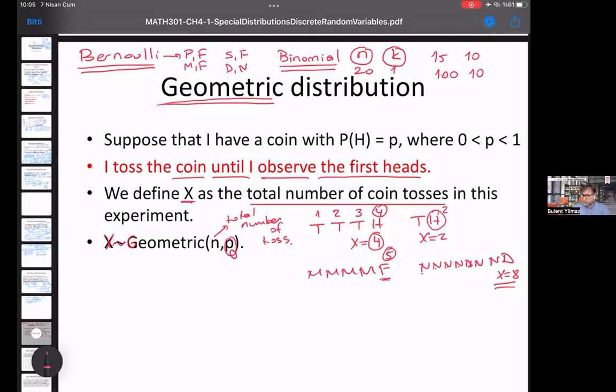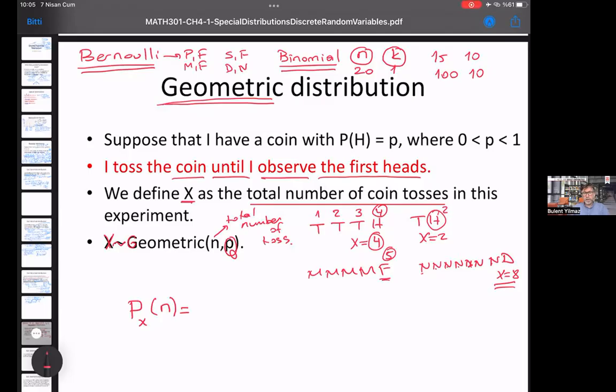How would you write the formulation, guys, for the probability of X equals n tosses? Can you write the probability distribution function of this geometric distribution?